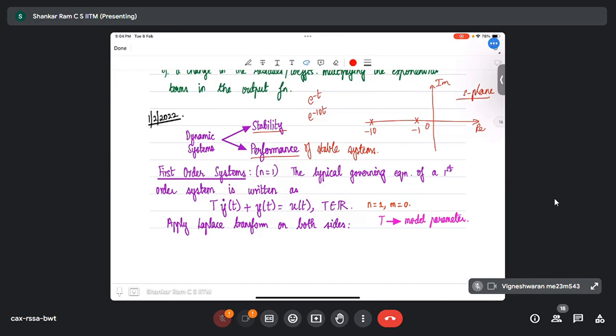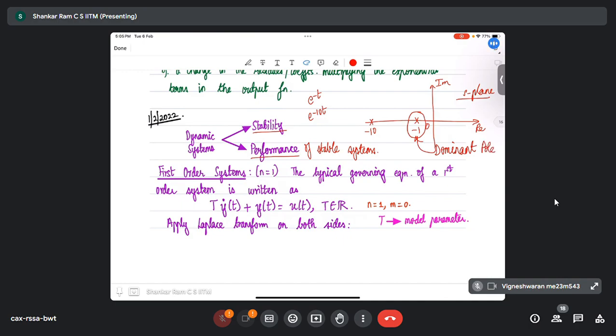Is it not? So what will happen is the following. We are going to have e power minus t influencing the response for a longer time than e power minus 10t. For this reason, the pole which is closer to the imaginary axis is what is called the dominant pole.